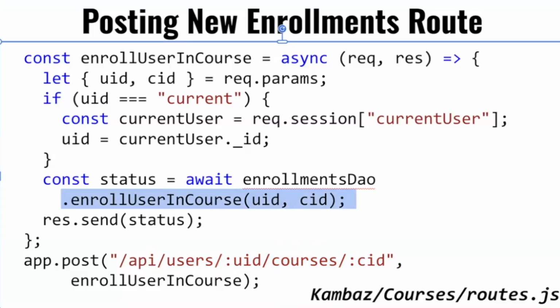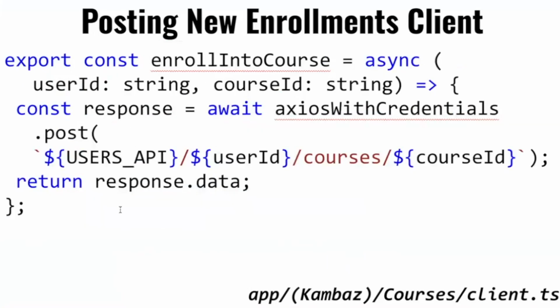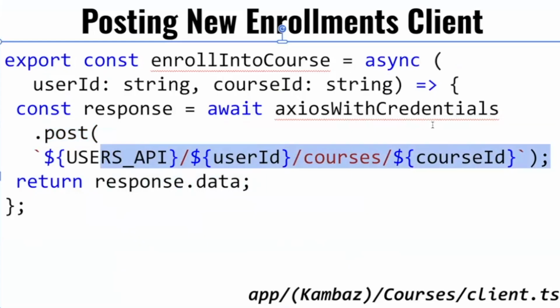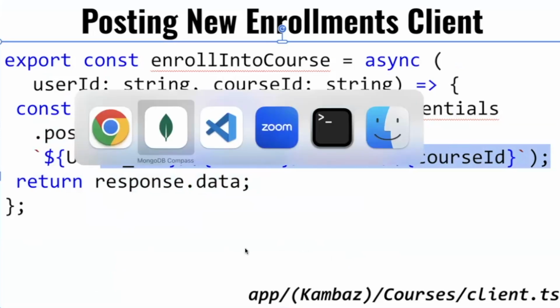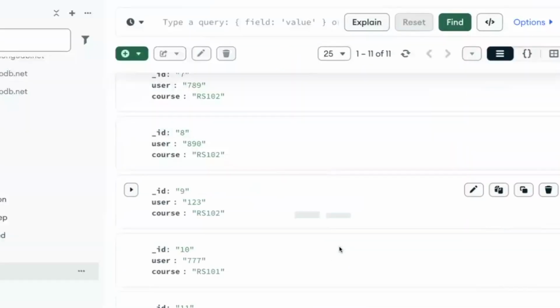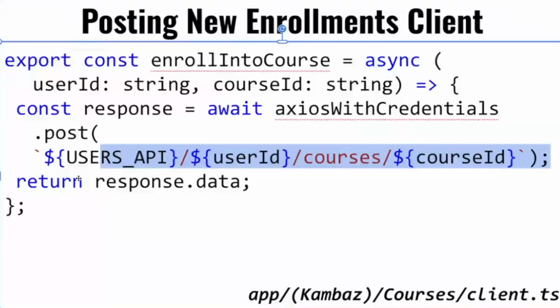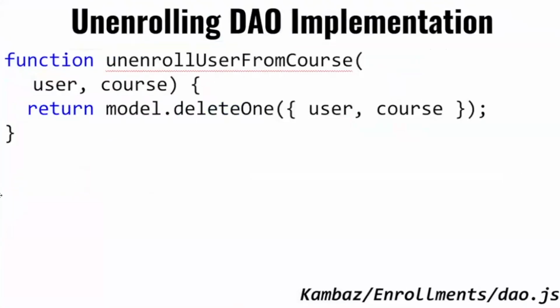Now on the client side, on the user interface, you can post a new enrollment, where you provide both IDs of the user and the course that are going to be enrolled, and that should create a new record in the enrollments table. And unenroll obviously would remove it from there.